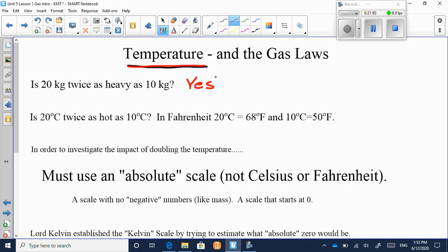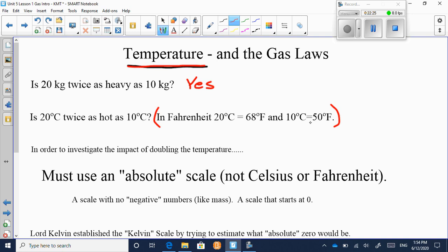But now I want to ask you that same question for temperature. Is 20 degrees Celsius twice as hot as 10 degrees Celsius? And I think a lot of you hopefully will hesitate on that one. And let me help you a little bit by saying this. If you were to convert those both to Fahrenheit, and I know that's not a temperature we use that much, but listen to this. In Fahrenheit, 20 degrees Celsius is 68 Fahrenheit, and 10 degrees Celsius is 50 Fahrenheit.